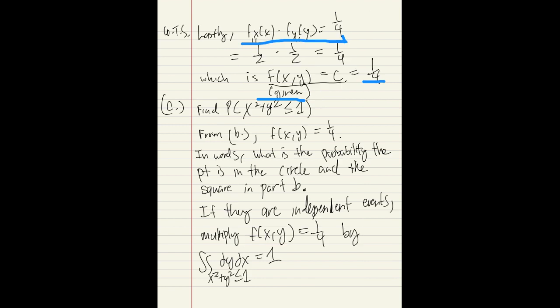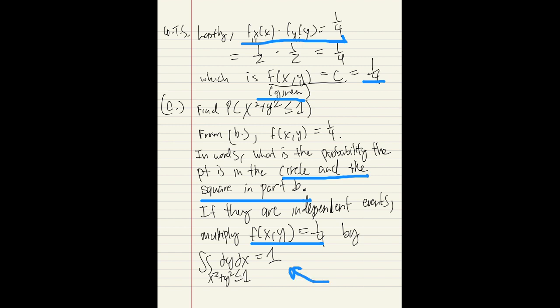So in words, we're finding that the point is in the circle and in the square in part B. And if they're independent, we multiply the joint distribution by the probability that it's in the circle. So from part B, we had 1/4. So now we just need to find this probability.